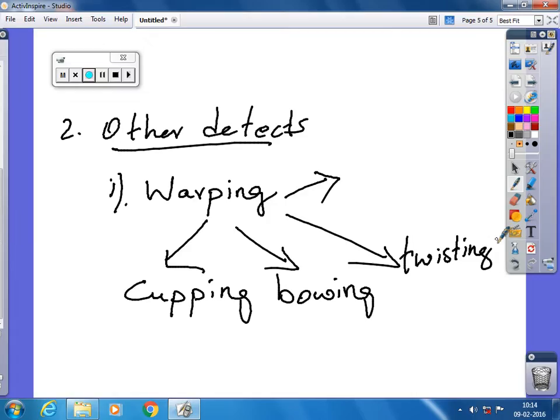How is warping caused? Warping is caused by permanent distortion, that is, when there is a permanent alteration in the structure, when you change the timber shape, and that causes warping. Warping includes three things: cupping, bowing, and twisting. Let's discuss what cupping, bowing, and twisting are.